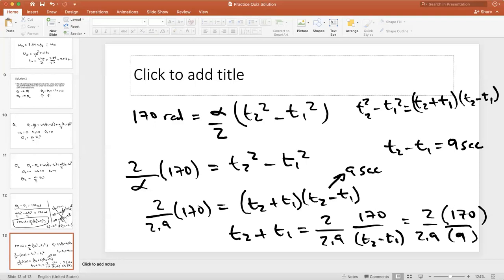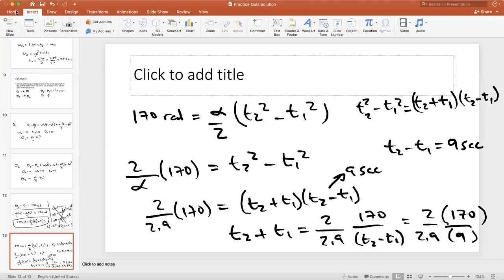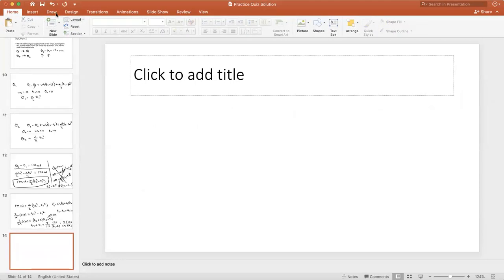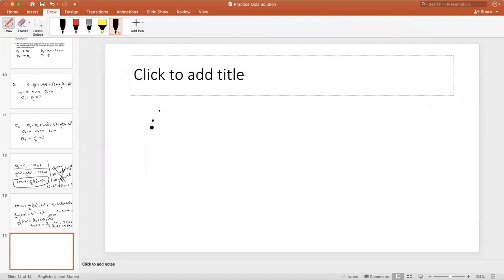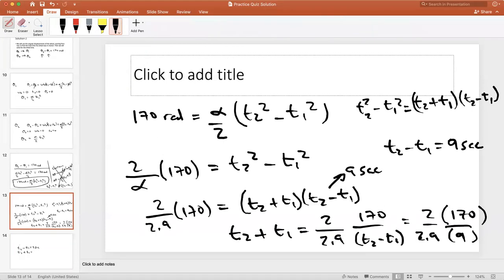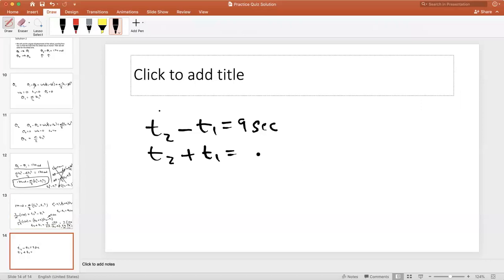All right, last slide. So what we had was that t2 minus t1 was 9 seconds, and we had that t2 plus t1, if you come back and do this here, is 13.027 seconds.